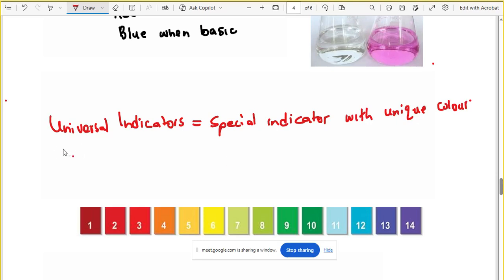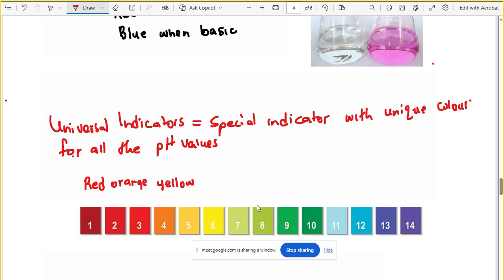For all the pH values, now if you look at this, we have red. Let me write this down. The red, the orange, and the yellow.